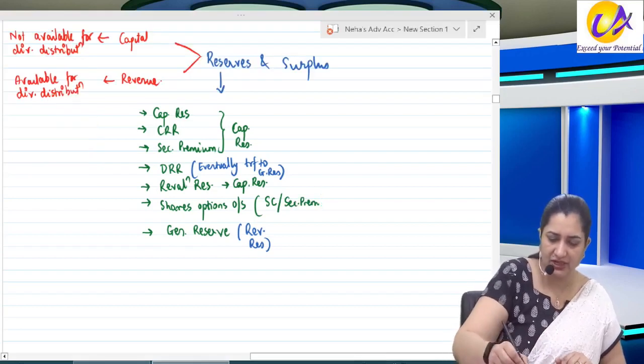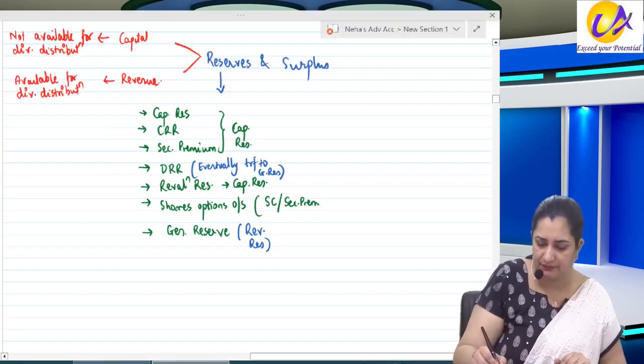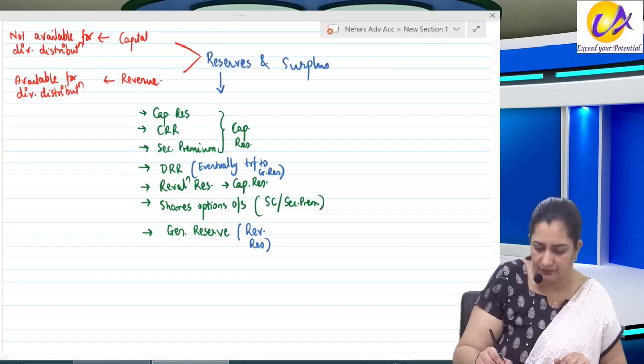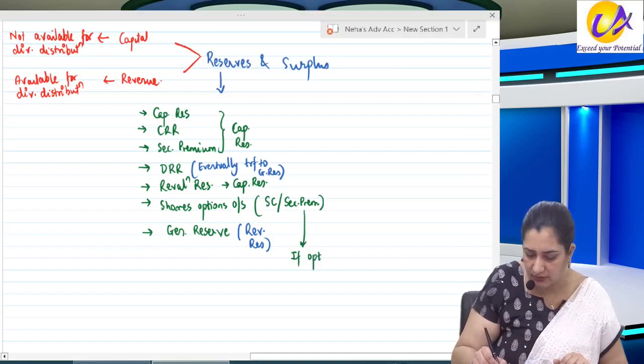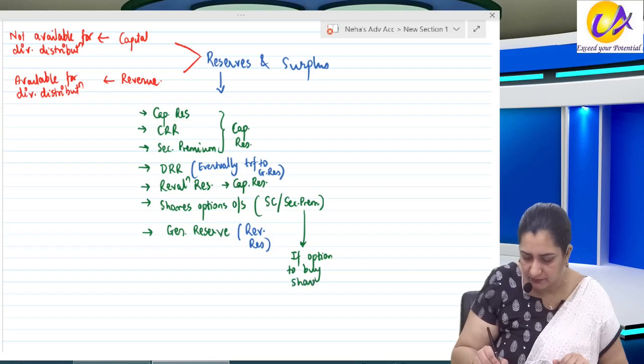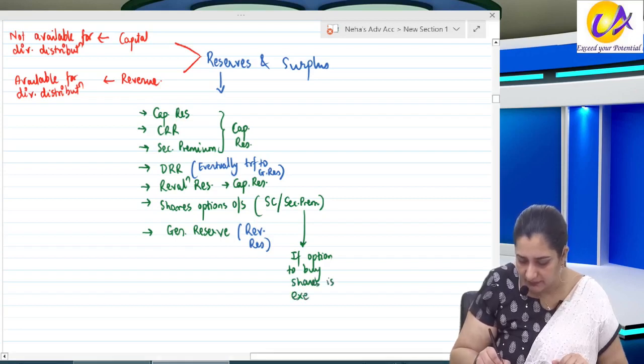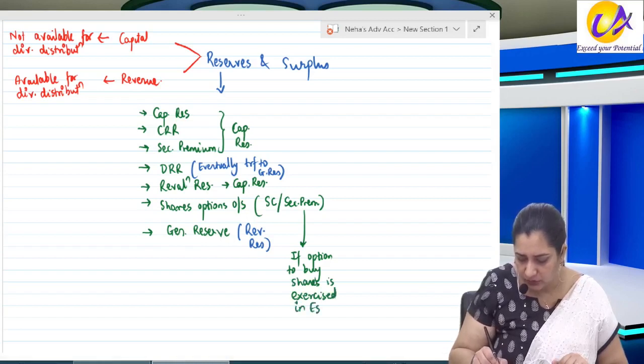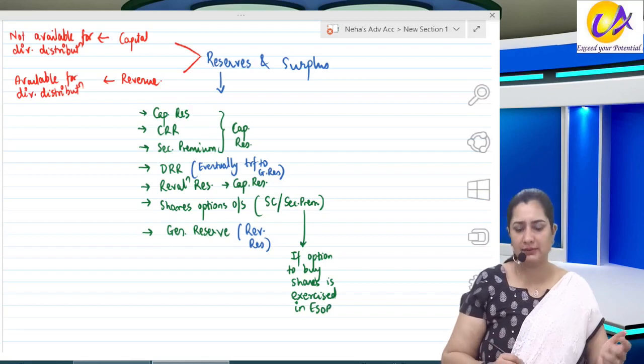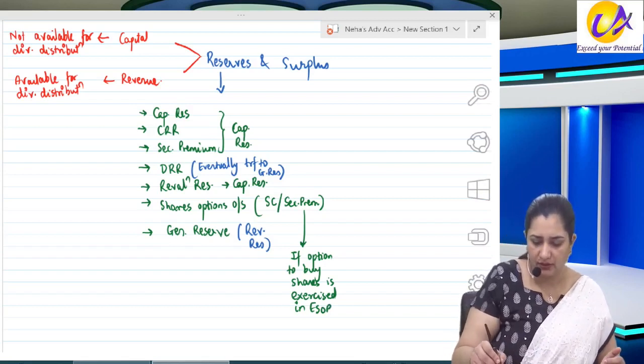So when does this happen? Share capital, securities premium. If option to buy shares is exercised in ESOP, they will become equity shares or they will become securities premium.